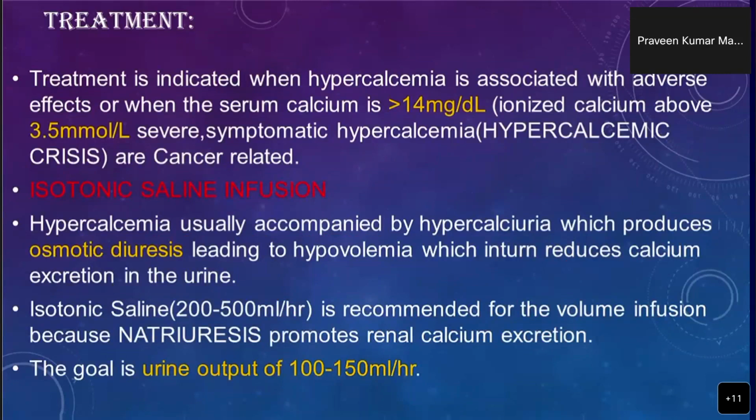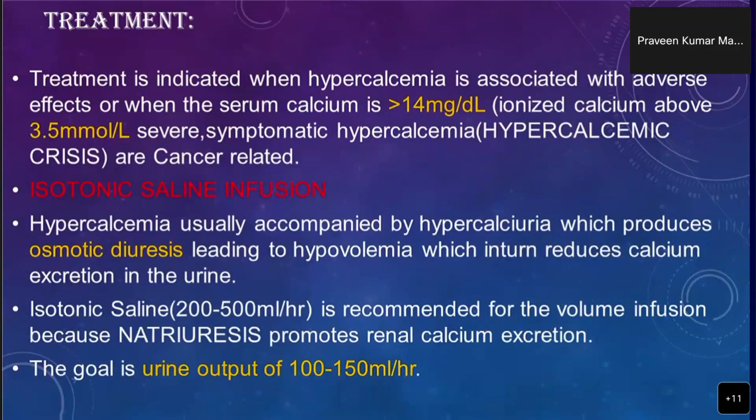Coming to the treatment of hypercalcemia, which includes isotonic saline infusion. Hypercalcemia is usually accompanied by hypercalciuria with osmotic diuresis. The isotonic saline is infused at 200 to 500 ml per hour because natriuresis promotes renal calcium excretion.